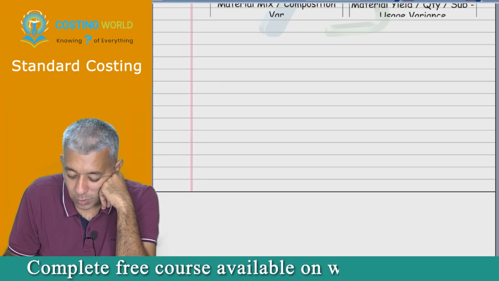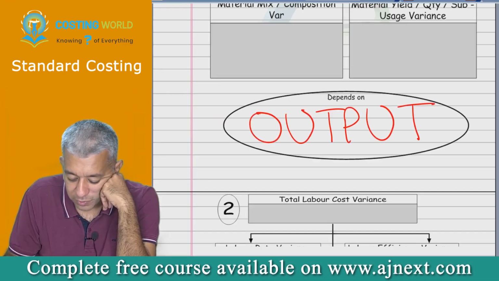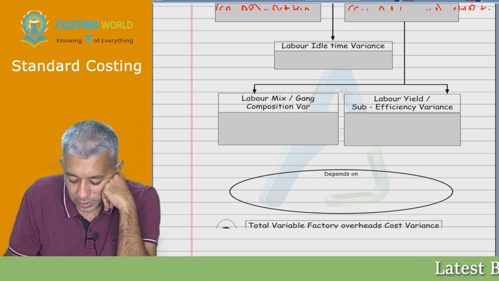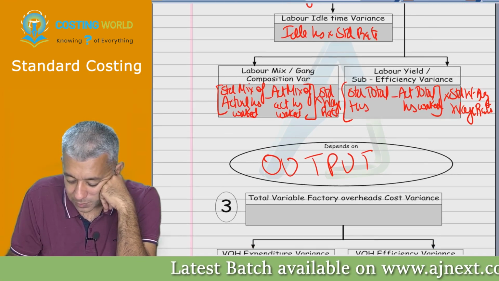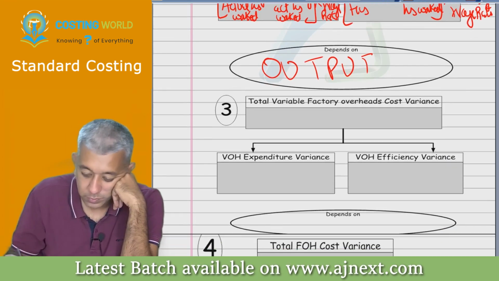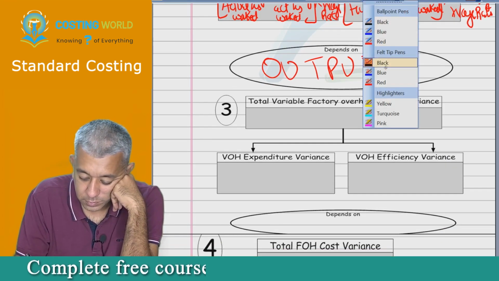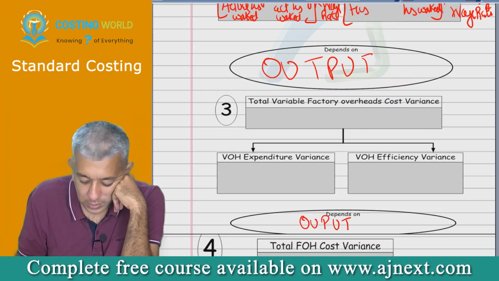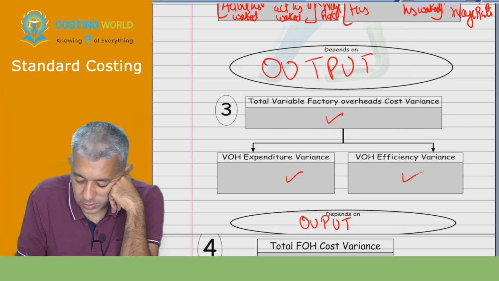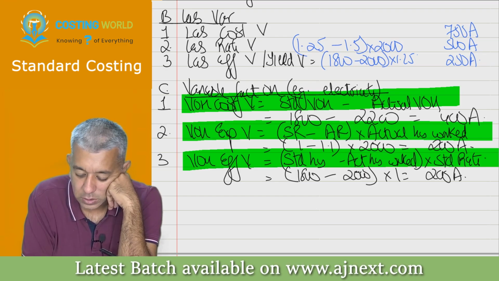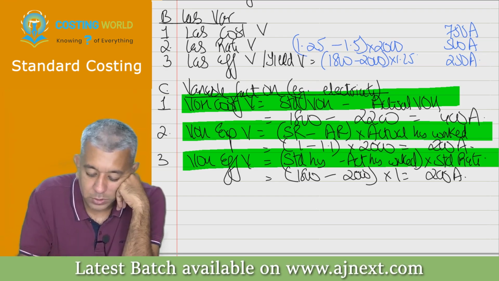Now over there you will be finding your variable overheads. First of all you all write down below variable overheads. It depends upon what? It depends upon output. So write down for variable overheads also, output. And you have your three variances. In your previous question, you all have written your three variances formula. Just copy it down, please.